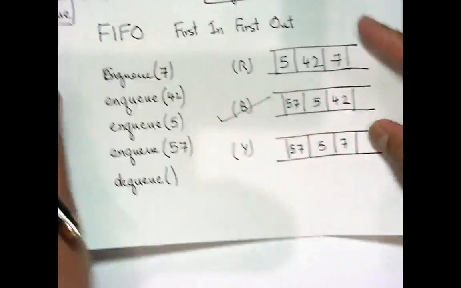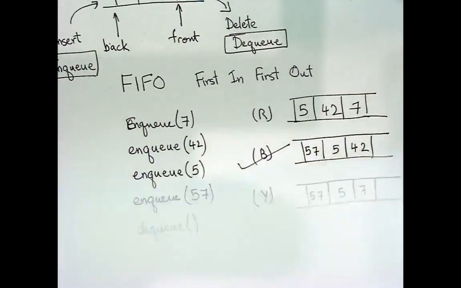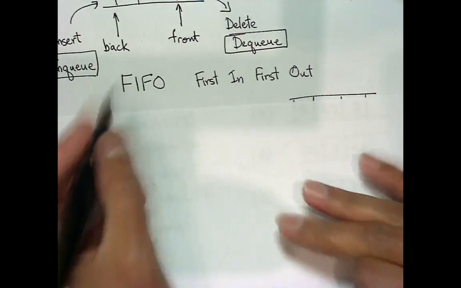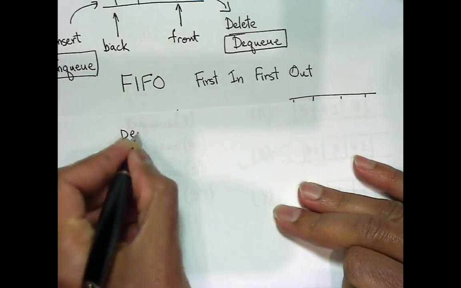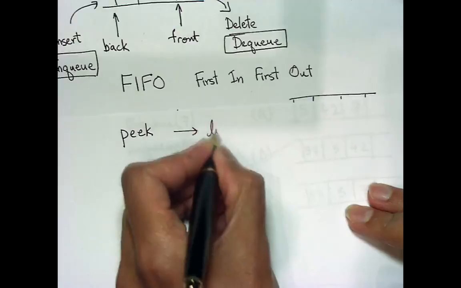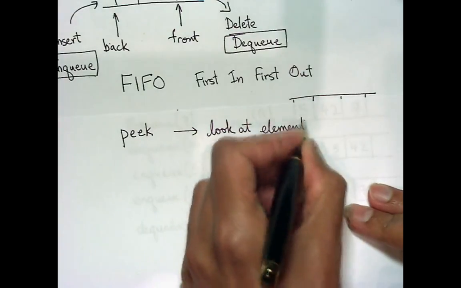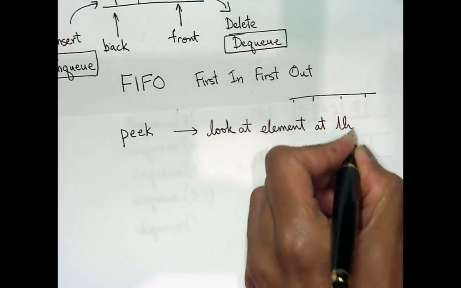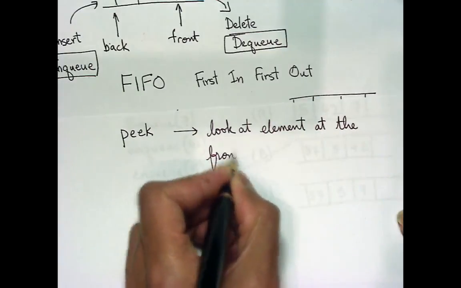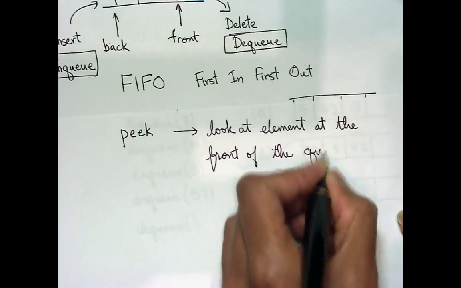Actually, I should probably add something to this. I said you have NQ and DQ, and often you will also have an operation called peek. Peek is just look at the element at the front of the queue.